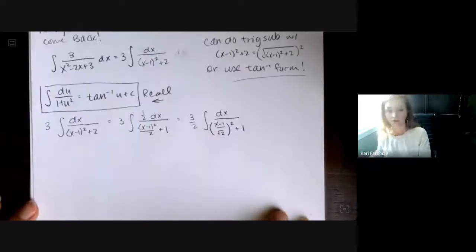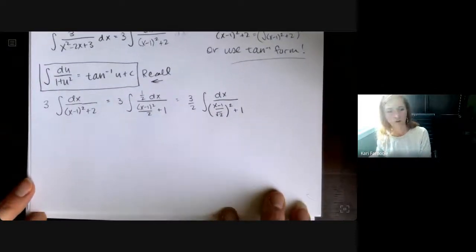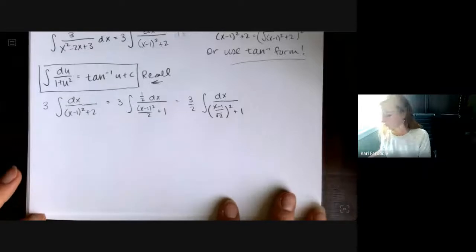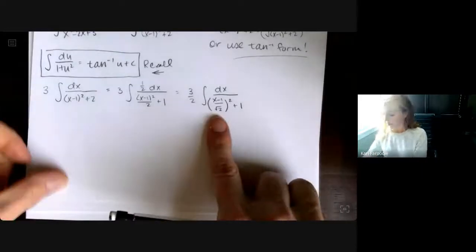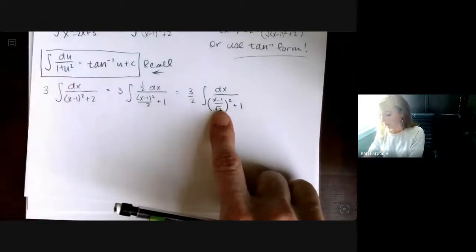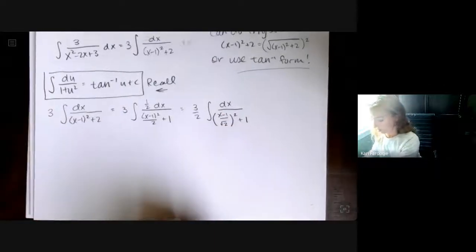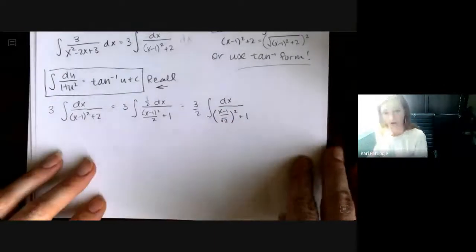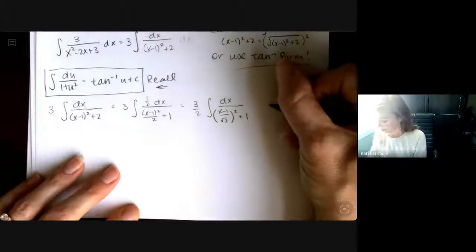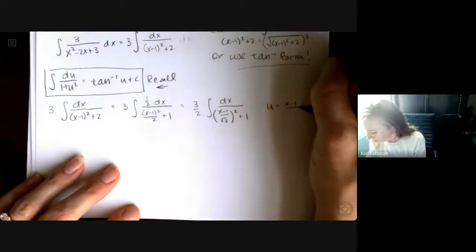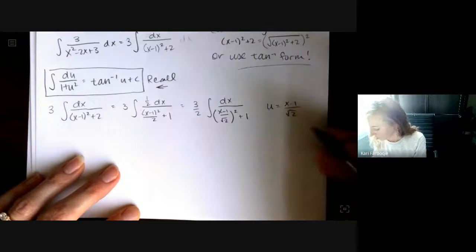So we did this in 7.4 in the first couple of examples. We did some of these. Well, now you're in the form that you need. You have 1 plus u squared, and then we just need to force our du here. So we're going to say that u equals x minus 1 divided by the square root of 2.